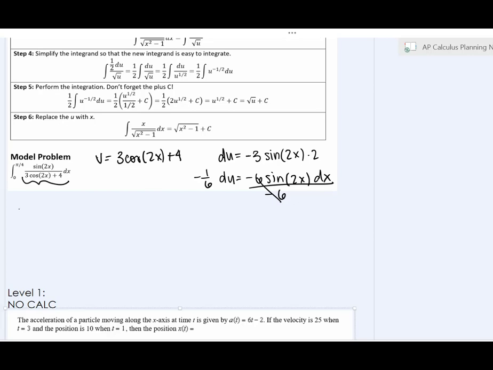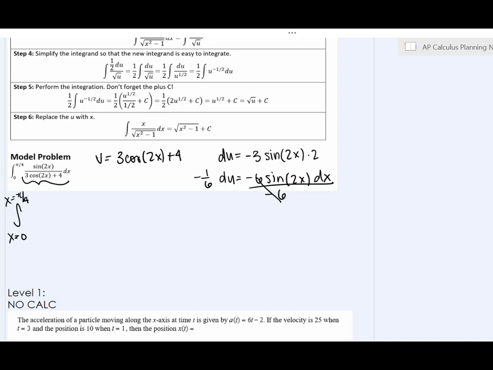When I substitute, make sure we say x equals 0 and x equals pi over 4, because now we are substituting in terms of u. You can go ahead and sub in 0 and solve for that and put those limits in terms of u. We'll chat about that in a second. But for now, make sure you note that these limits are in terms of x, not in terms of u.